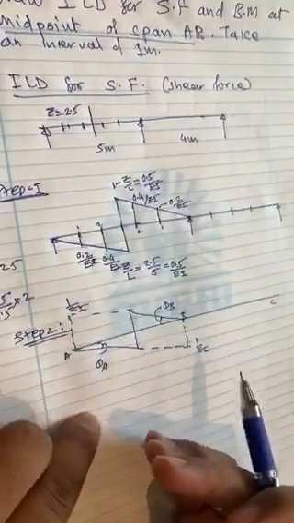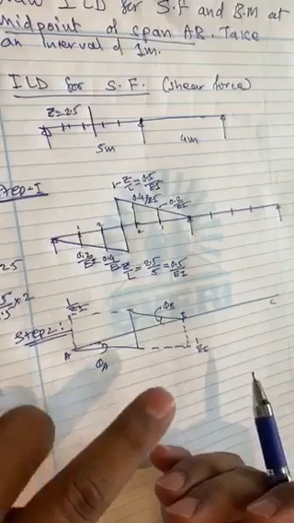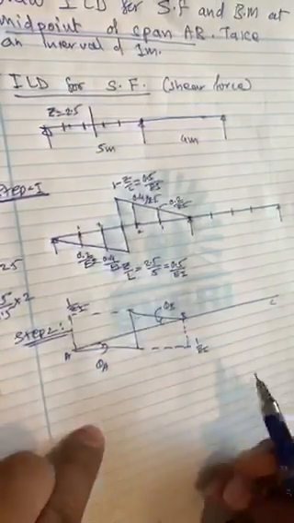If it is going anti-clockwise it will be positive, and if it is going clockwise it will be negative.